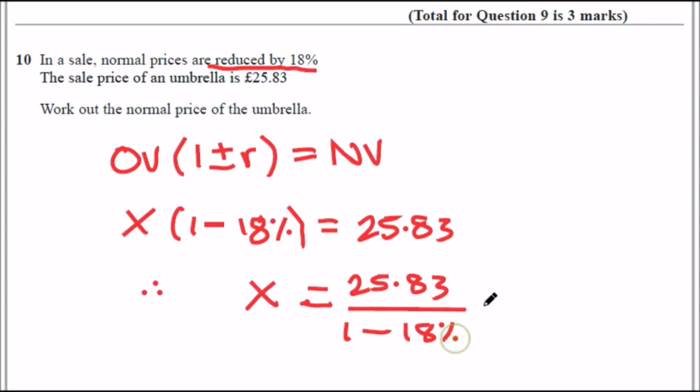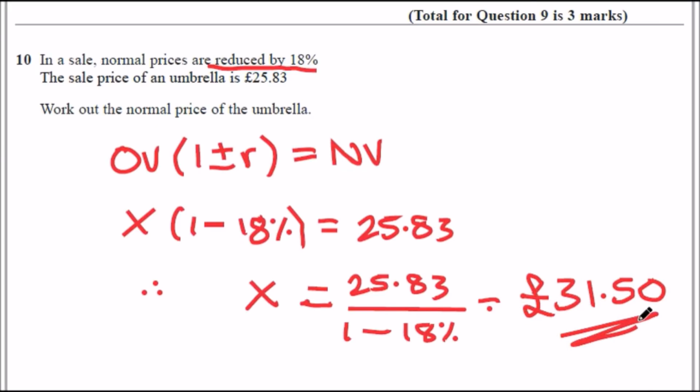You could do this exactly in the calculator, and you can even use a percent button as well. So putting this in the calculator, 1 minus 18% should give you £31.50. It says 31.5, but we always add an extra 0, so £31.50.